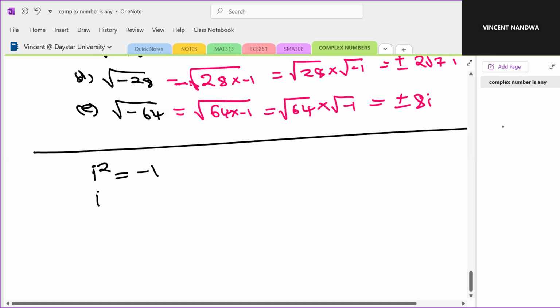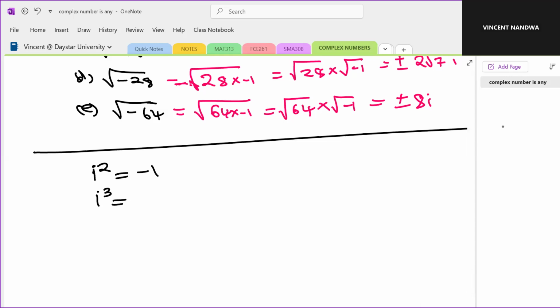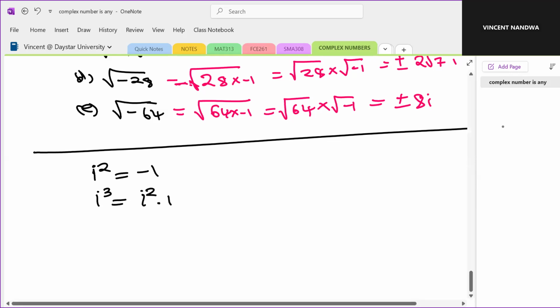Then if I want to get the value of i power 3, the best way to do that is to rewrite i power 3 as a product of lower powers of i. So i power 3 can be written as i squared times another i. And because i squared is -1, I'll have -1 times i, and I'll get -i.